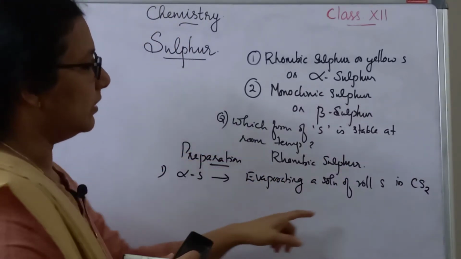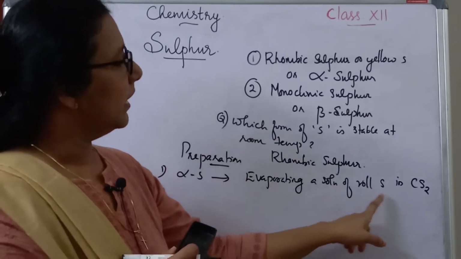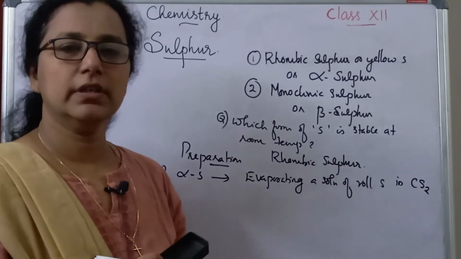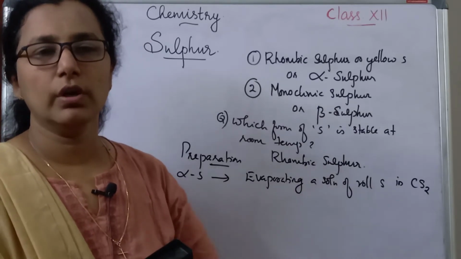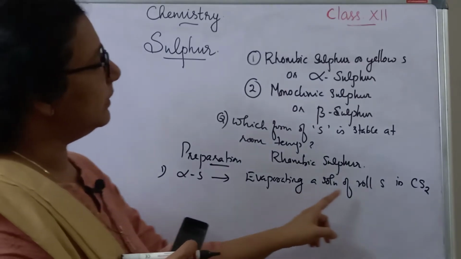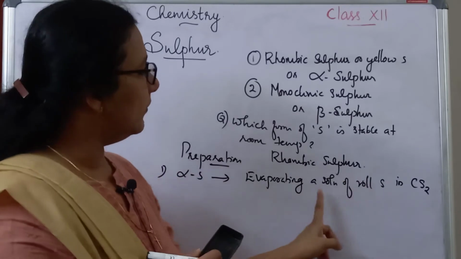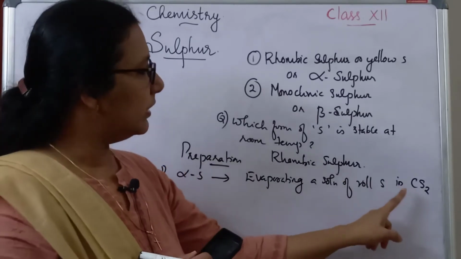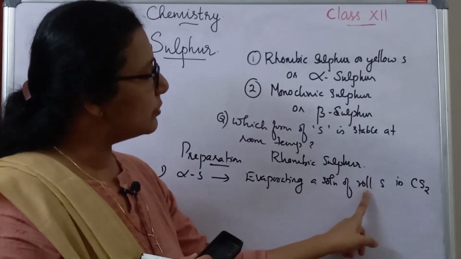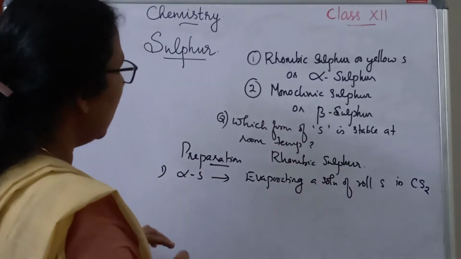Roll sulfur is rod-like or stick-like sulfur, and CS2 is an organic solvent. Sulfur is soluble in organic solvents like CS2 and benzene, but not in water. So on evaporating the solution of roll sulfur in CS2, we get crystals of alpha sulfur.